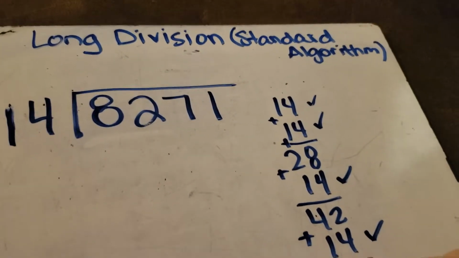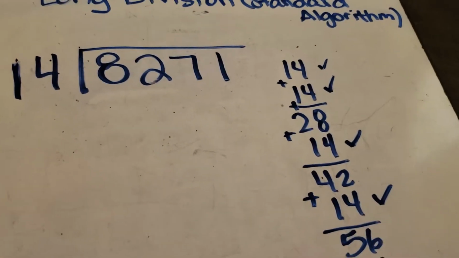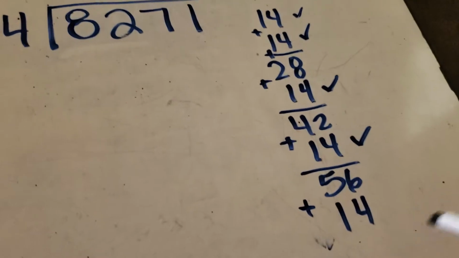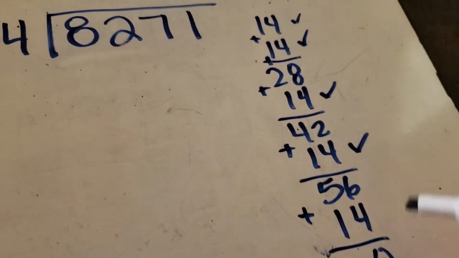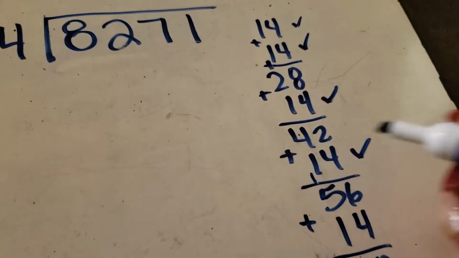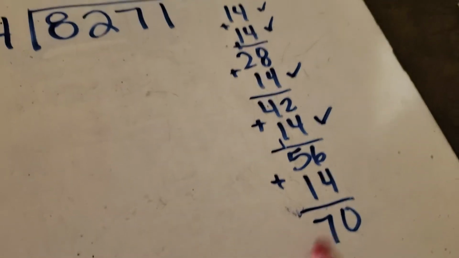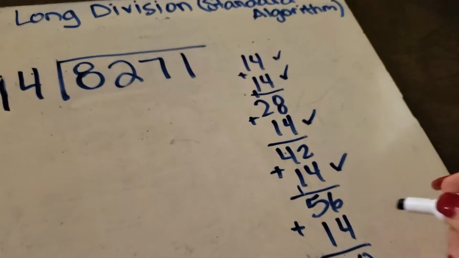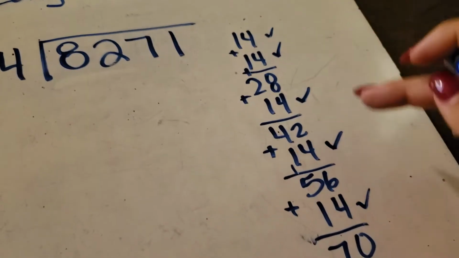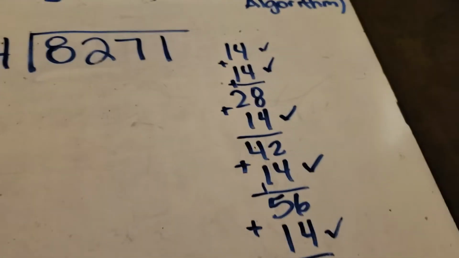This method is probably going to be, I'm sorry that I'm not moving with it here, this method is probably going to be what is simplest for the students if they are not at the point where they can use the estimation strategies. So like right now I'm at 70, I can't go another 14. So I would be like 1, 2, 3, 4, 5. And I would know that.